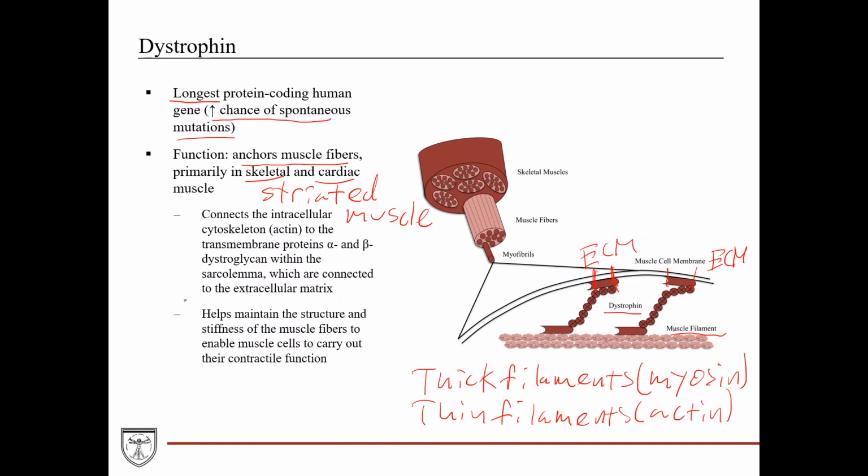They're embedded in the sarcolemma, which is, again, a fancy name for the muscle cell membrane. By anchoring to the extracellular matrix, they further provide support for the muscle cell and the muscle filaments, thus further enabling muscle contraction. So the dystrophin protein is critical for maintaining the structure and the stiffness of muscle fibers, and as we said, enables the cells to carry out their contractile function.